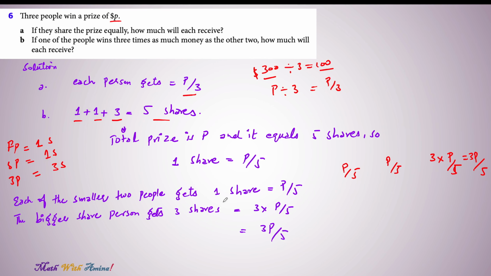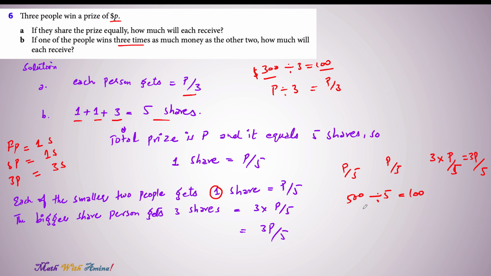And for the ones that have received 1 share as much money as the other 2, if one of them has gotten 3 and the other has taken 1 share from the prize, it would be P by 5. It is more like if we say that the prize is, let's say, $500 and it is divided by 5, so it would be $100, right?